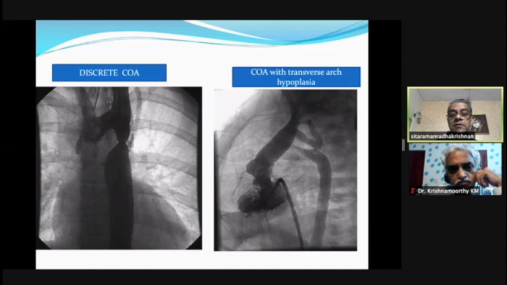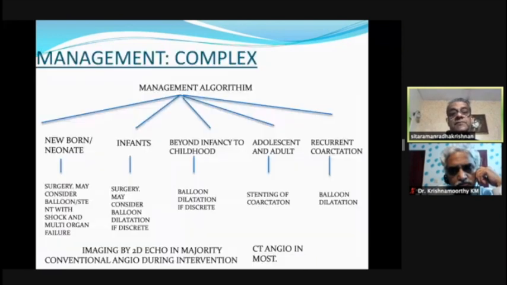So this is just to show you the varying anatomy. The one on the left side is what we call a discrete coarctation, and on the right side you see a very complex coarctation. So that is why it is said that no two coarctations resemble each other.